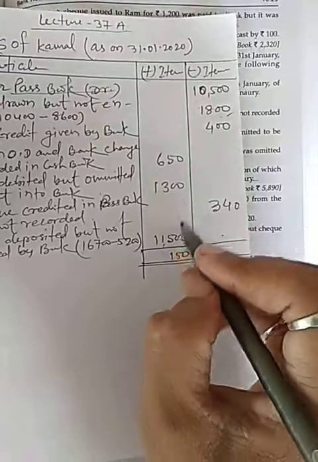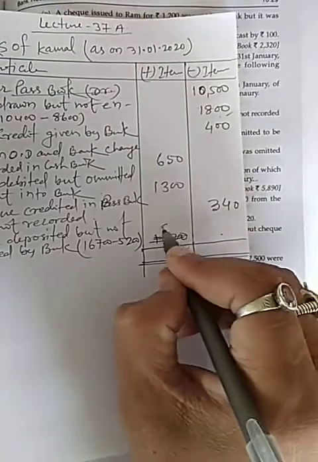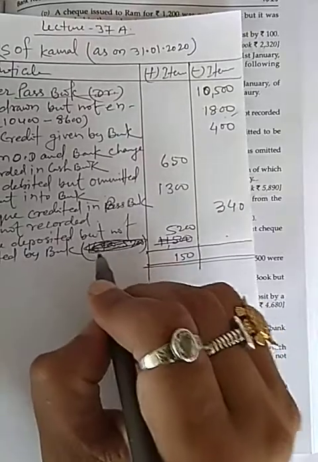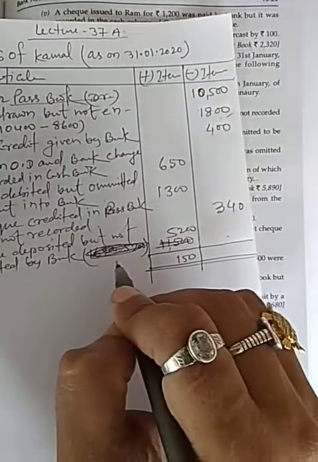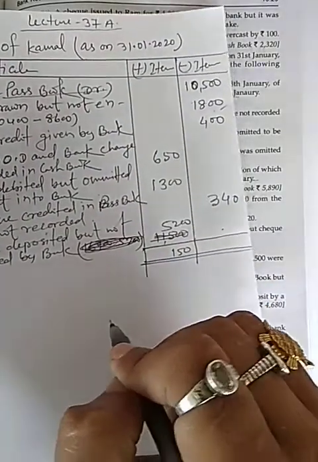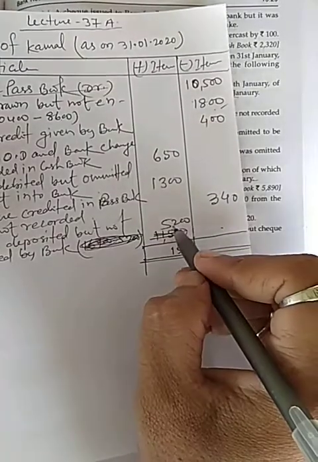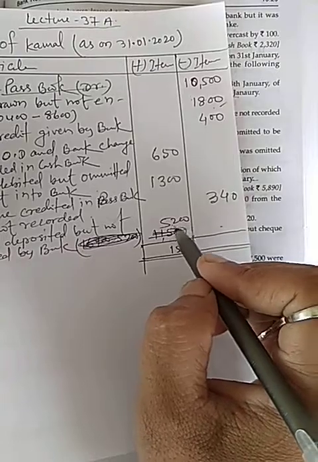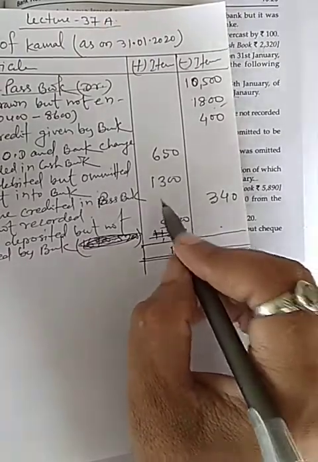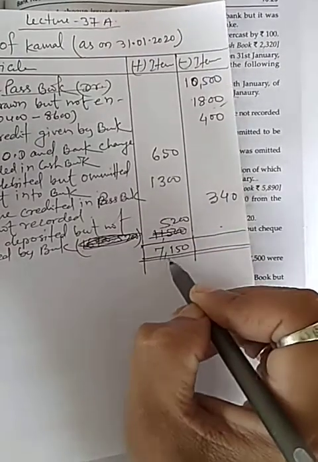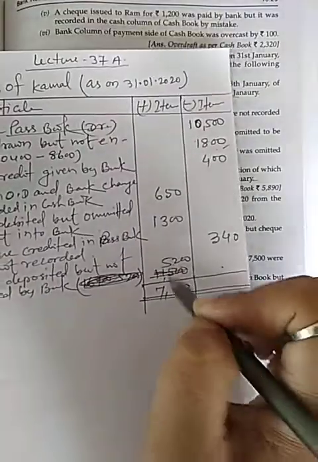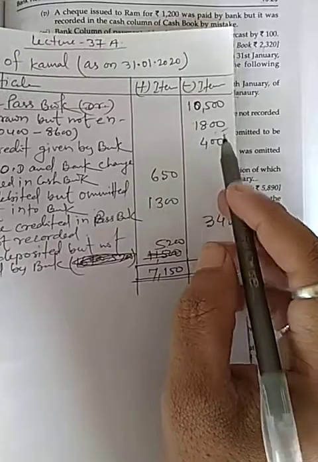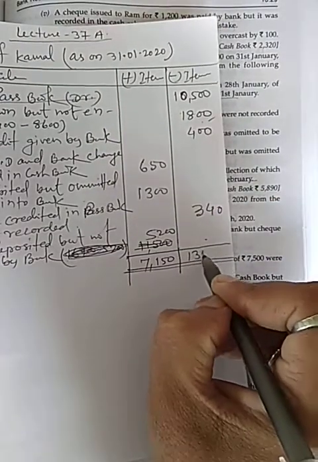So I will write 5,200 only, and I will not deduct from 16,700. So now amount will be, a student, total 7,150 in plus item, and in minus item it will be 13,040.